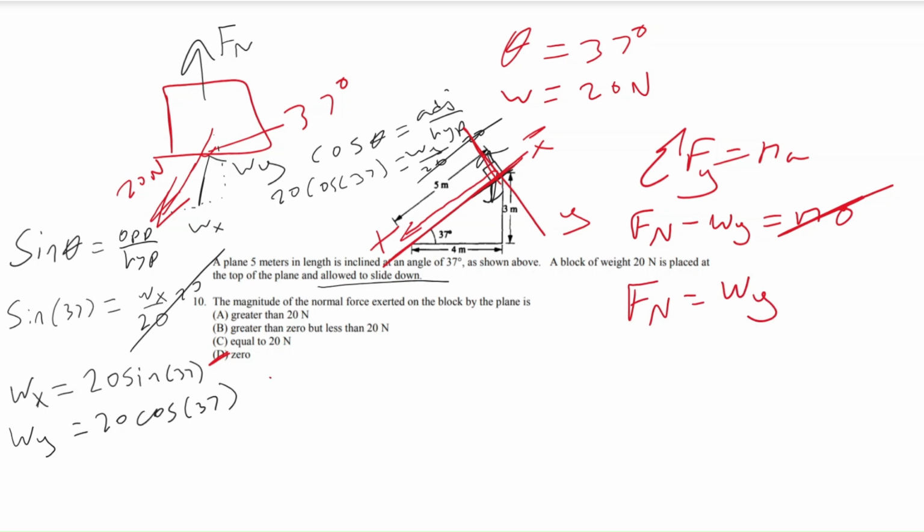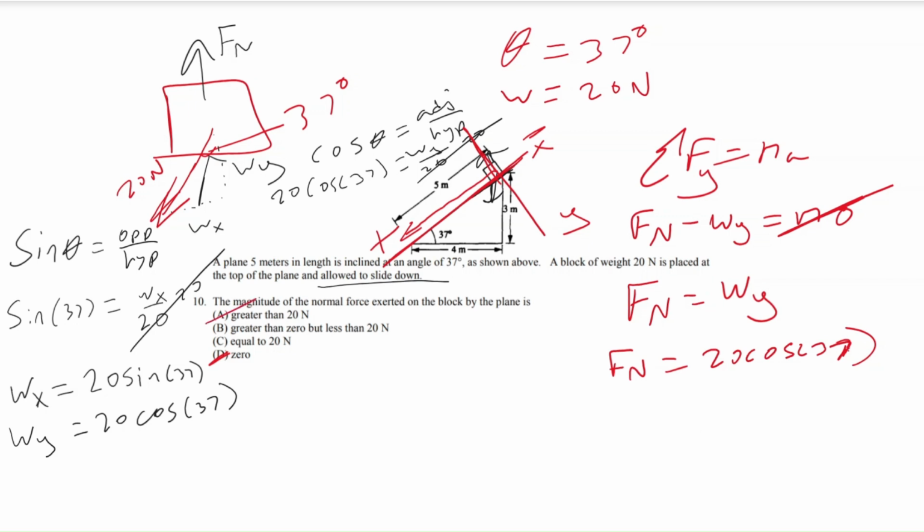And as we said over here, weight w is equal to 20 cosine. So that means force normal is equal to 20 times cosine of 37. And I could go ahead and calculate this, but we know that when we multiply by cosine of an angle less than 90, it is going to decrease. So knowing that, we know it can't be A because that'd be greater than 20.